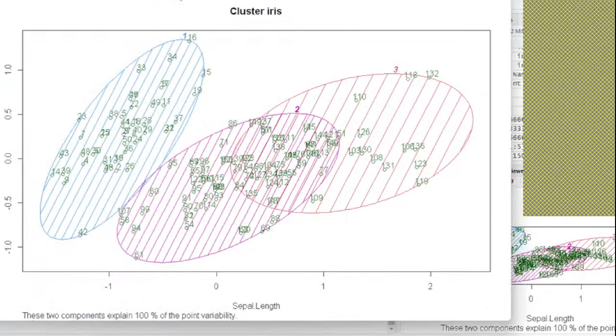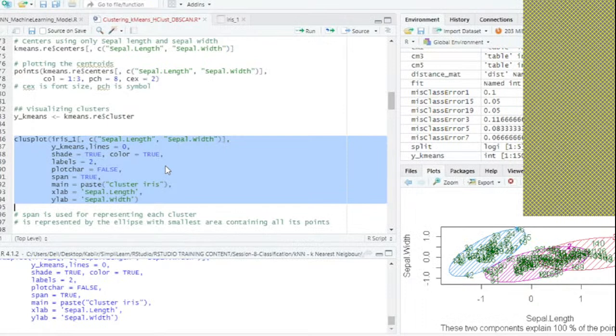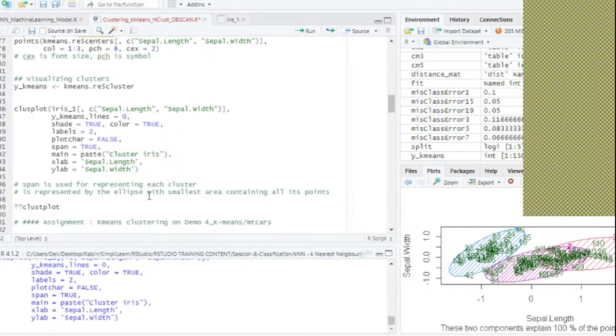So this is a plot created for the clusters. Span is used to represent each cluster. Basically, the ellipse. You can see the ellipse, right? That ellipse is the shape that comes with the span.